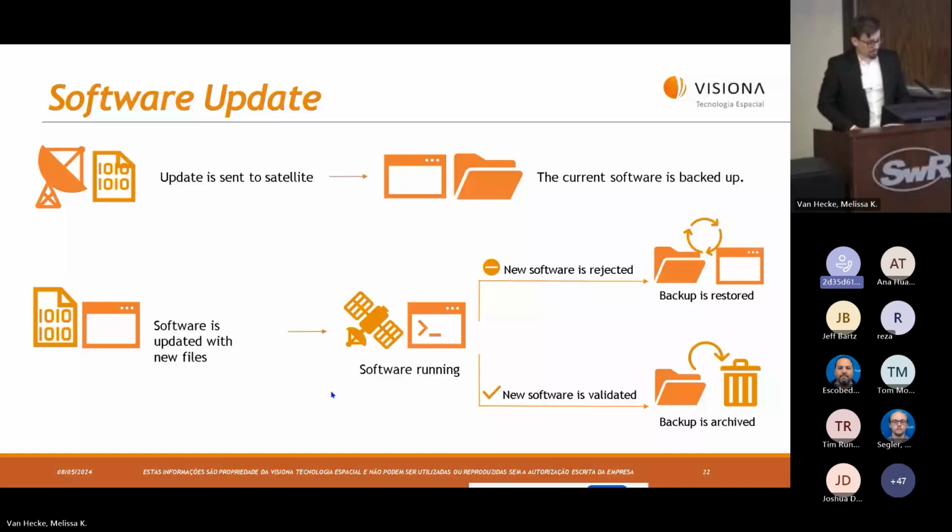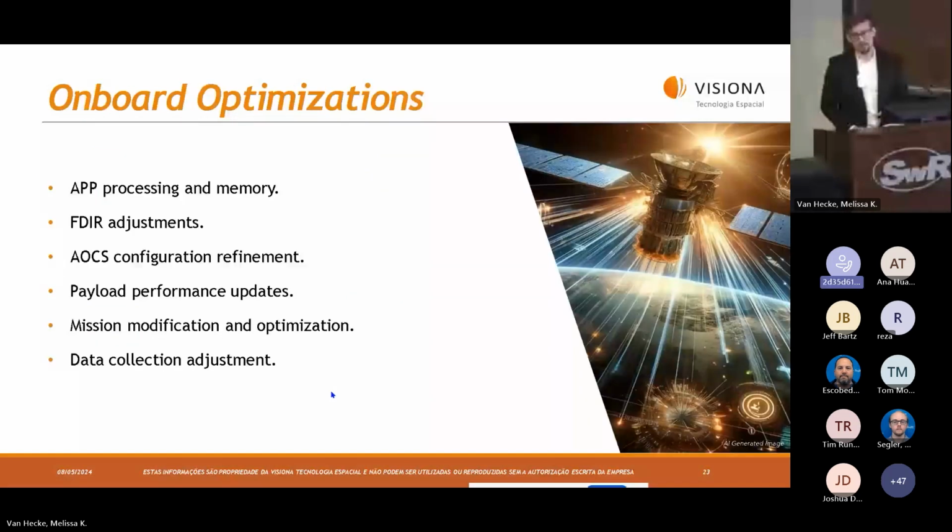We have done a lot of onboard optimizations. VCUB1 just had its first birthday, since launch a few weeks ago, I'm sorry. It has been an in-space laboratory due to the many optimizations we have done in this year.